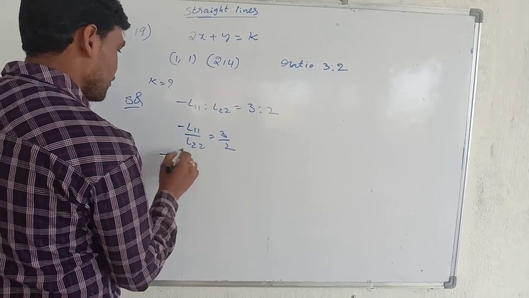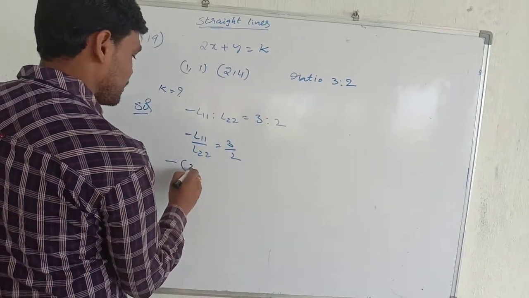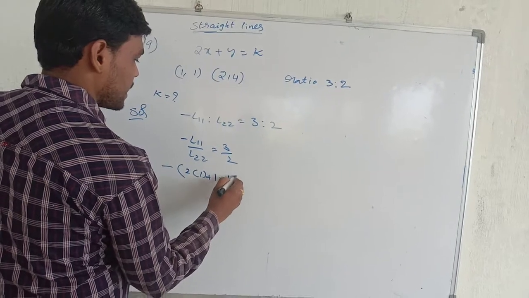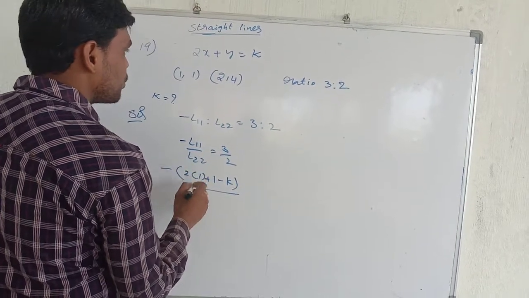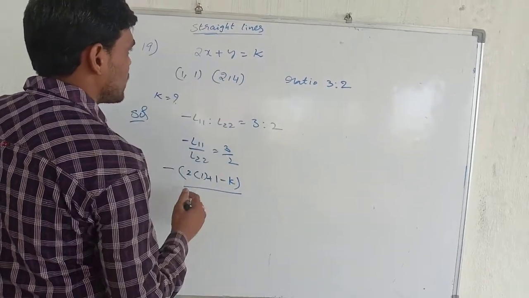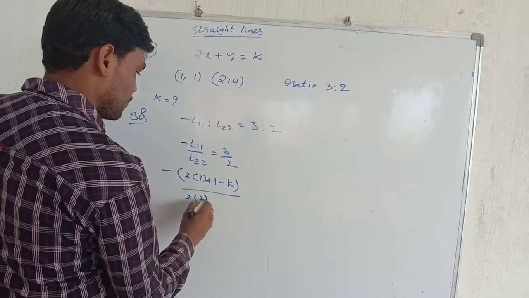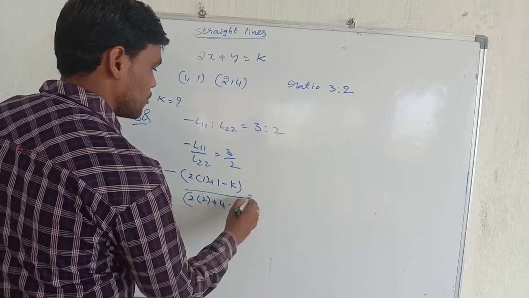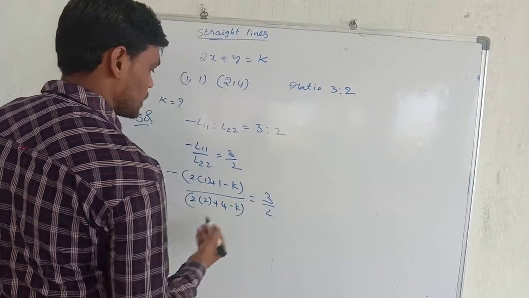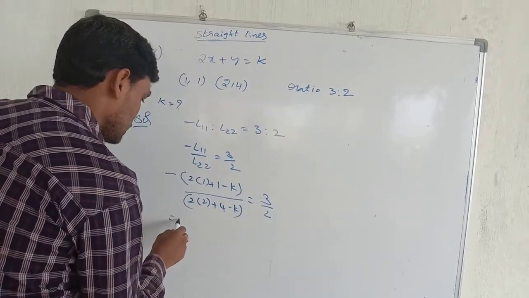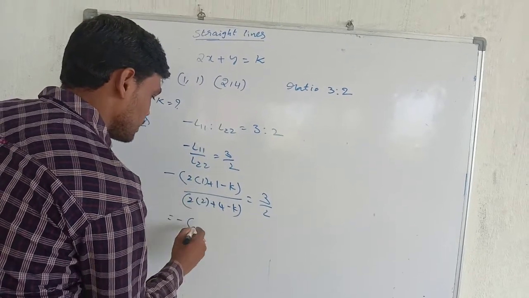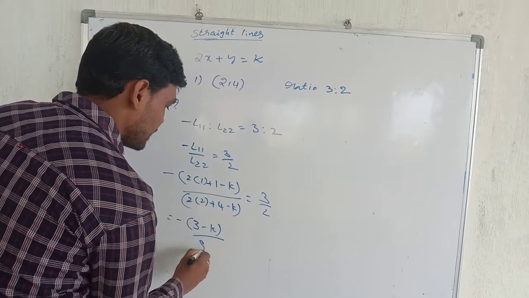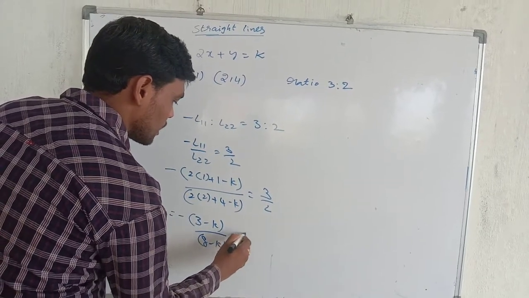Now minus of (2 into 1 plus 1 minus k) by (2 into 2 plus 4 minus k) is equal to 3/2. This is minus of (2 plus 1, 3 minus k) by (4 plus 4, 8 minus k) is equal to 3/2.